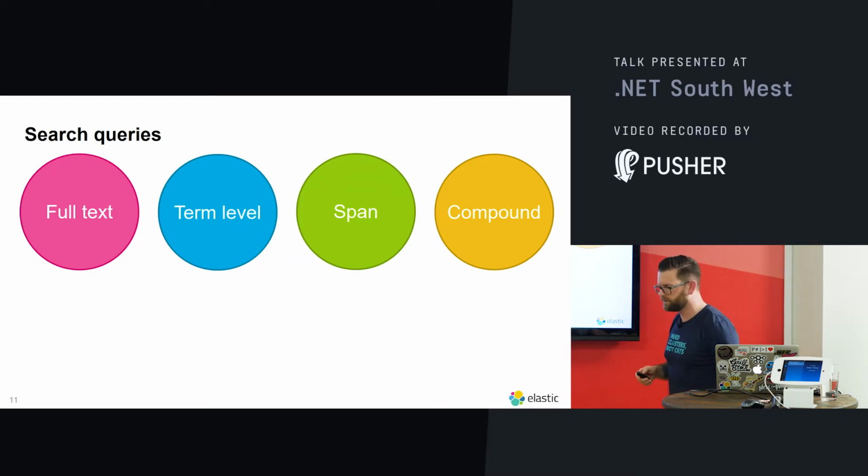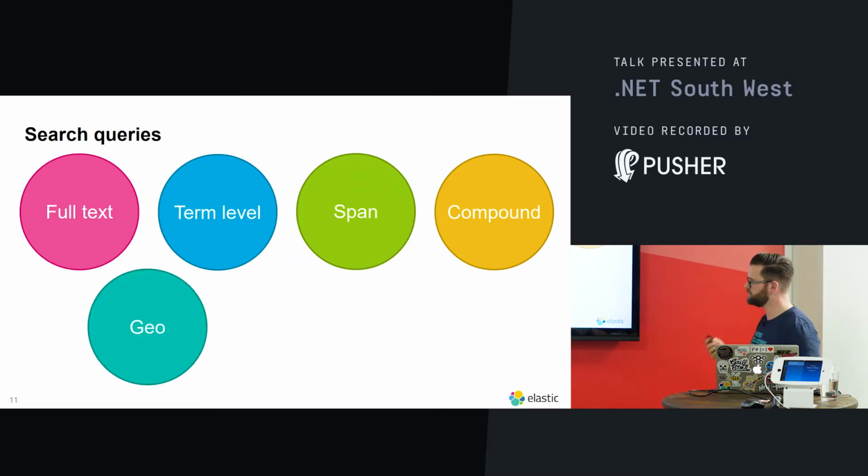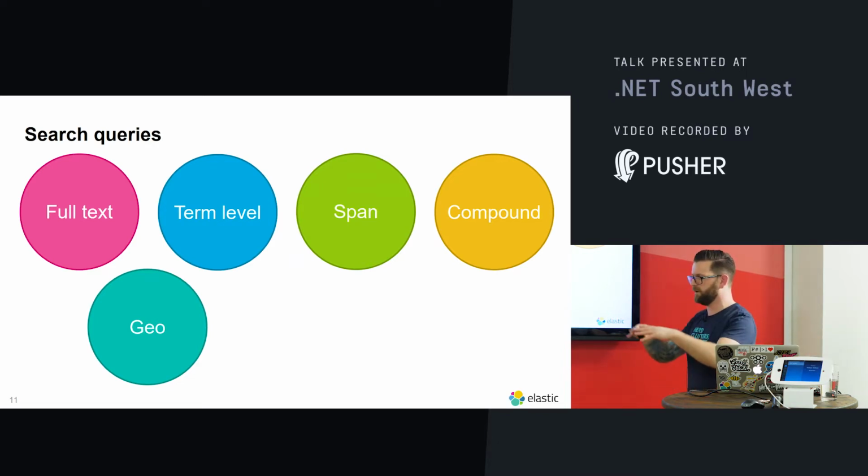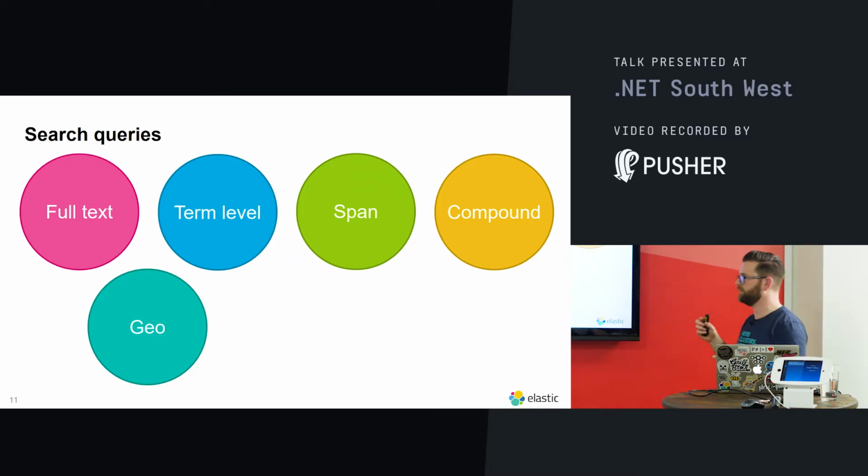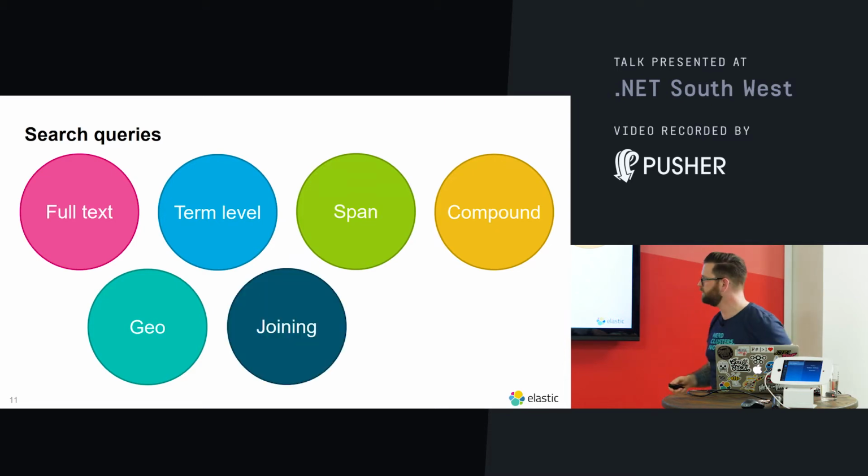Things like more like this, which I have an example of. GeoQueries, kind of name says it all really, being able to find things that exist within a polygon, a GeoJSON polygon, being able to find a distance between this thing and that thing, or show me stuff within a particular radius. And then obviously you can still combine it with all of these.